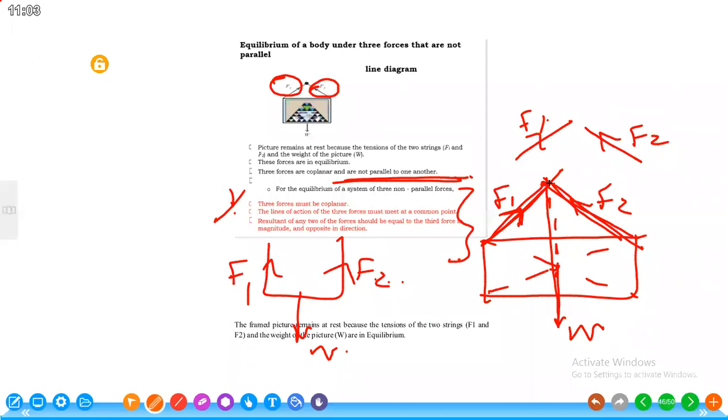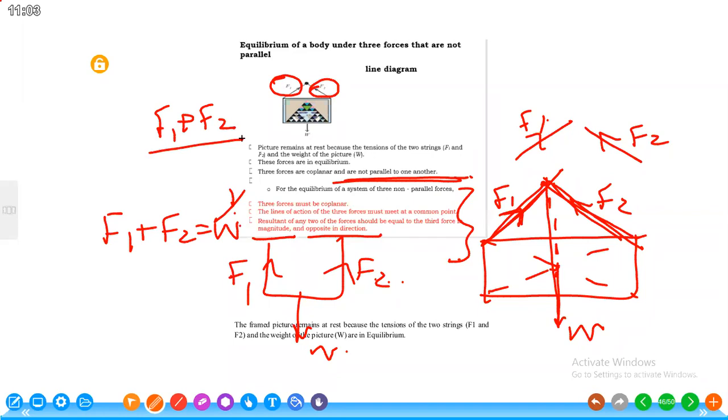And the third one, the resultant of any two of the forces should be equal to the third force in magnitude and opposite in direction. Magnitude F1 plus F2 is equal to W. In here, the two forces F1 plus F2 are equal to W, the weight of an object.